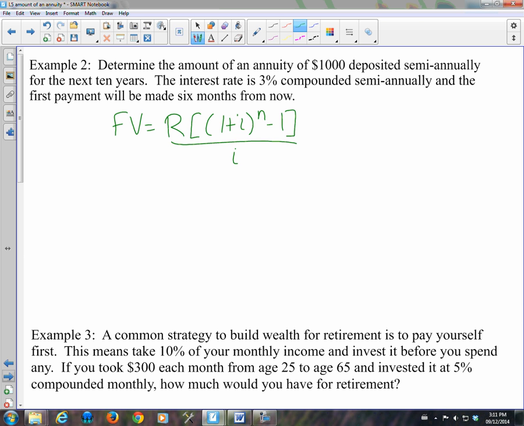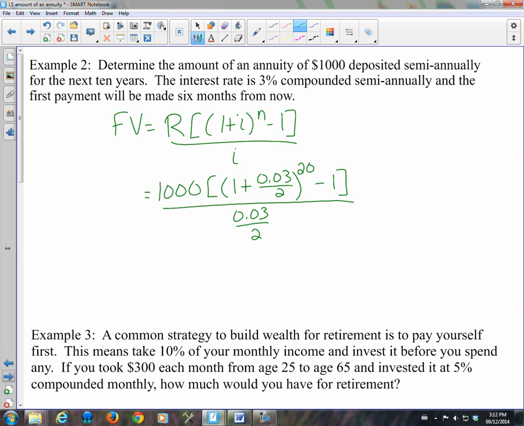So my payment, my R, is $1,000. I have 1 plus my interest rate, and because it's compounded semi-annually, I have to take my interest rate and divide it by 2, just like with compound interest. Semi-annually for 10 years, 10 times 2 is 20 for my N. And then I divide by 0.03 over 2, my interest rate.